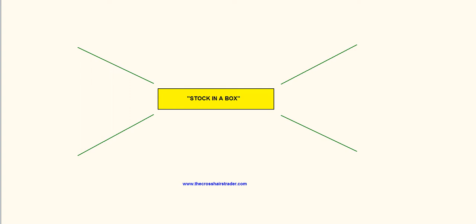Today what I would like to discuss is the idea of the stock in the box. In other words, when it comes to market conditions, when it comes to individual stock conditions, price action, what we usually have is stocks that trend and then stocks that enter a consolidation period, and then they will either continue the trend or reverse the trend.